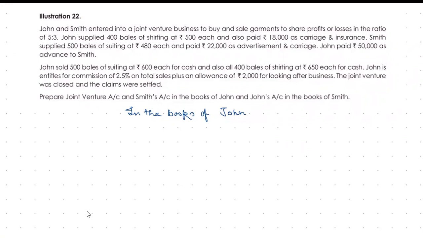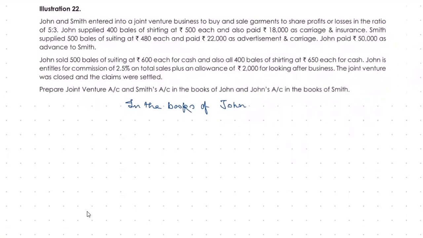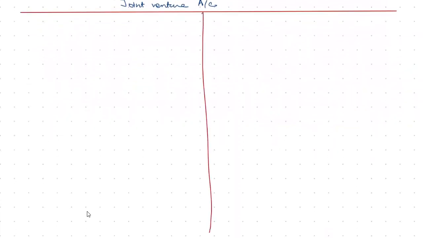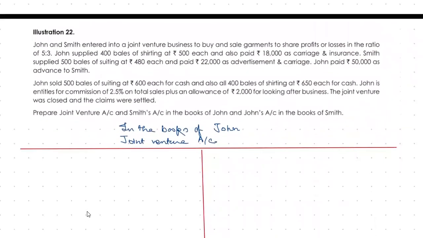Let's see, in the books of John, at first the account will be the joint venture account, and there will be Smith's account as well.